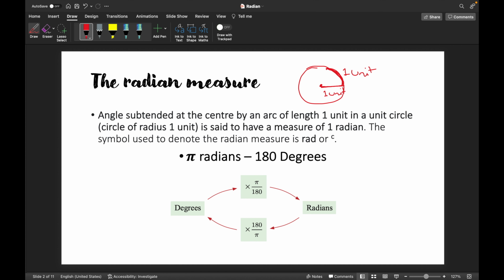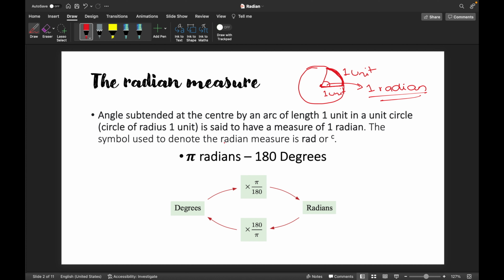When this is the case, there'll be some angle here, and the angle subtended over here would be 1 radian. So this is the definition of 1 radian. If you visualize it, it's much easier to remember the definition. Now that we know what 1 radian is, we're going to move on.